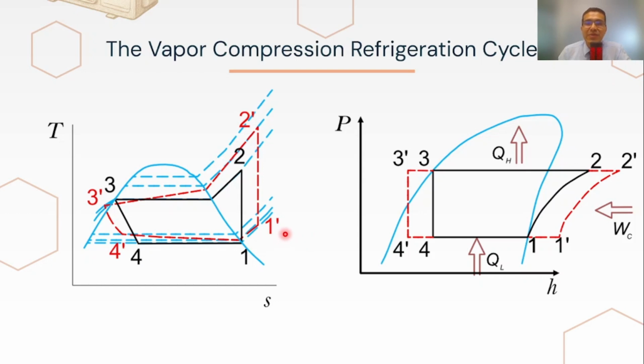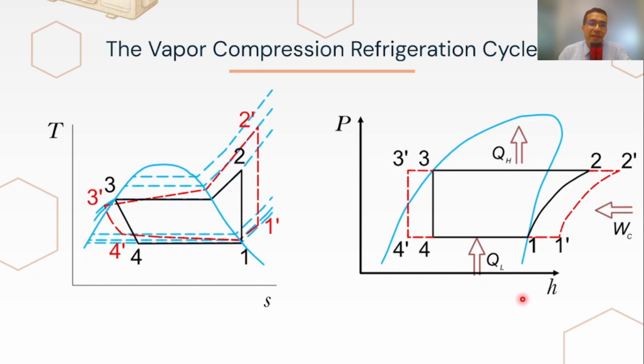Likewise, the expansion process does not happen ideally, and heat transfer during condensation and evaporation occurs over a broader temperature range. These areas represent real energy exchanges and losses that deviate from ideal assumptions.